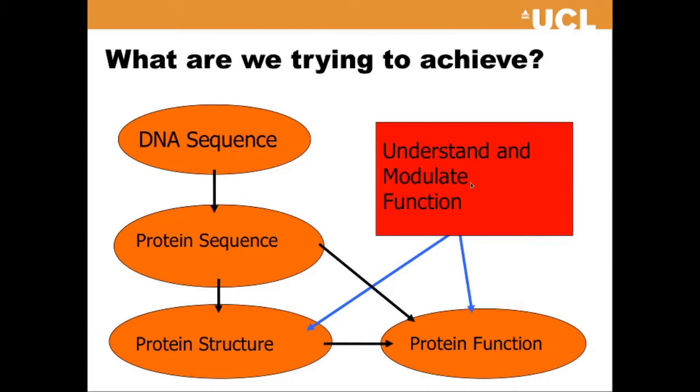In other words, design drugs. Those drugs can be inhibitors, they can be agonists or antagonists of receptors, so either switching a receptor on or switching a receptor off. And at least in principle, although as far as I know there are no drugs that work this way at the moment, if you have a mutation, you might be able to restore the protein structure and function by binding a drug to that mutant protein.